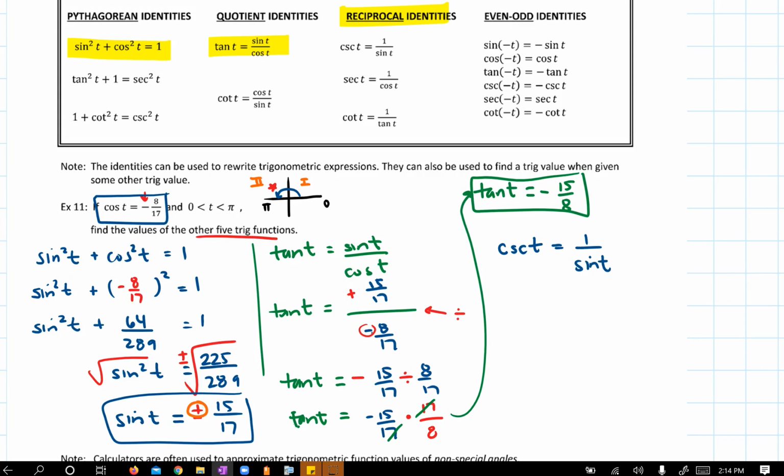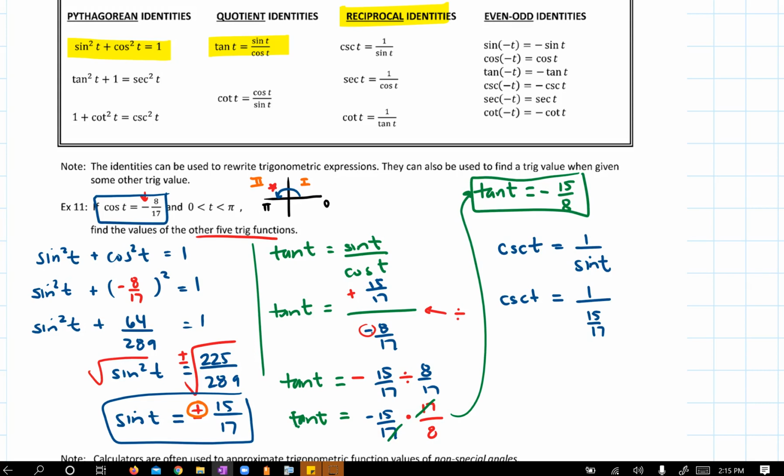And so we already realized that we had sine of t to be 15 over 17. And what the reciprocal identity really does is when you're dividing by a fraction, you're actually going through the fraction math and you're multiplying by the reciprocal.